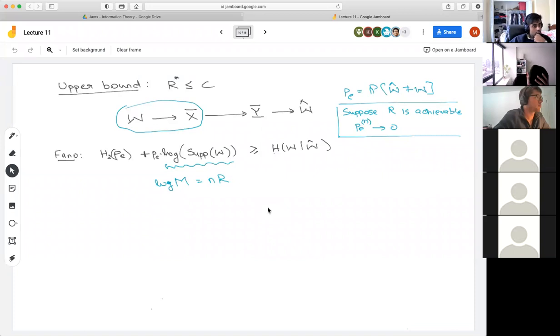Now, let's try to compute the second term, the entropy of W given W hat.